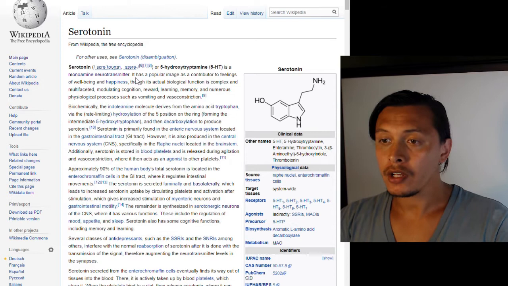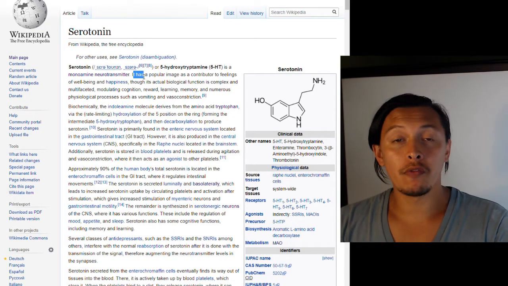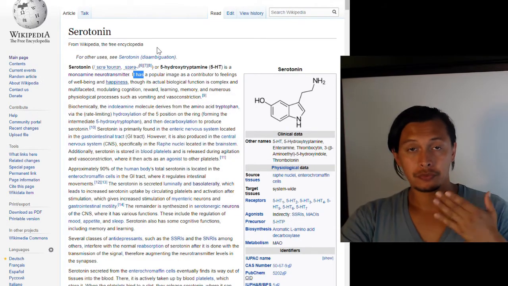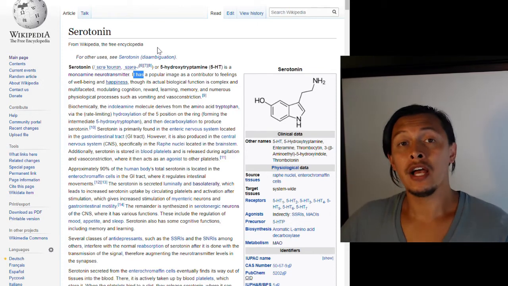It has a popular image as a contributor to feelings of well-being and happiness, and that is true. Serotonin will bind to serotonin receptors and often will make you feel happy.